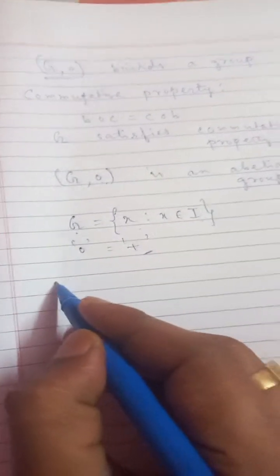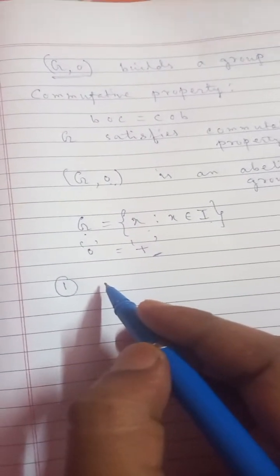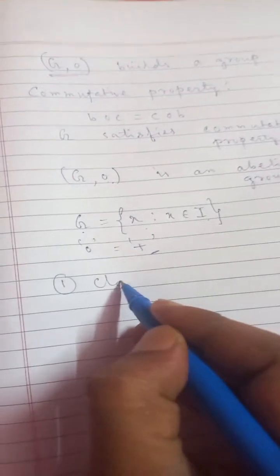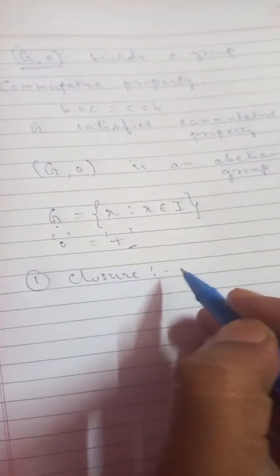So first, let's verify whether it is closed or not. We will first verify the closure property.